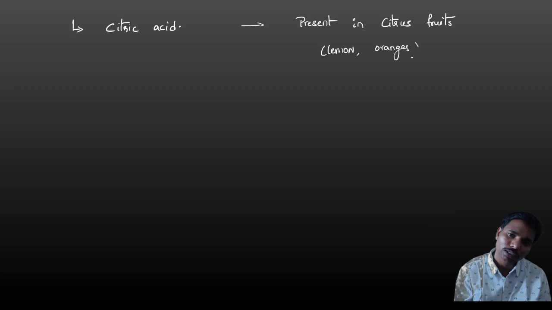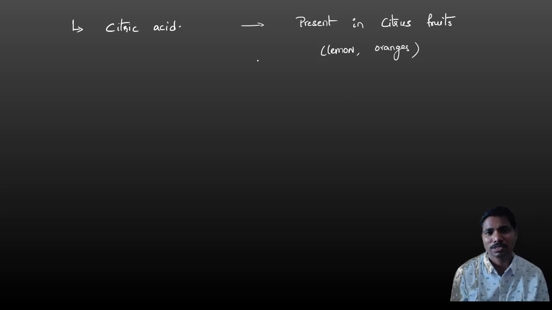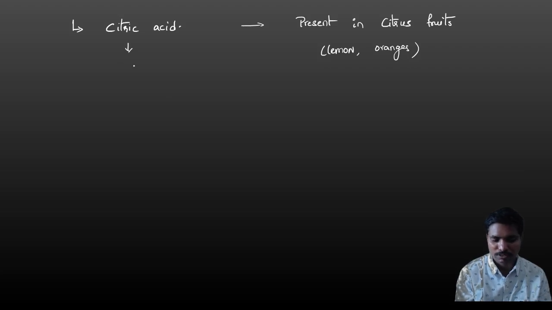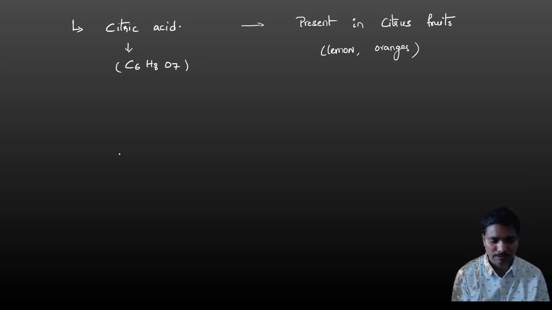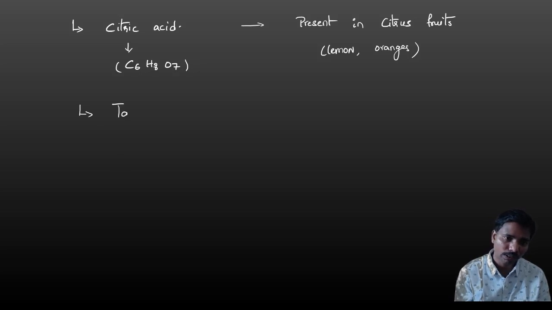These are sour in taste, so that means you can say acids are sour in taste. And the formula of citric acid is C6H8O7. And coming to the next one, tartaric acid.